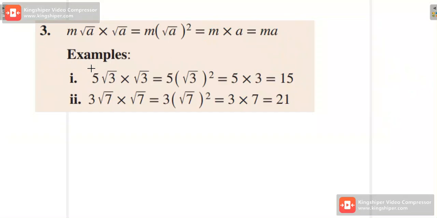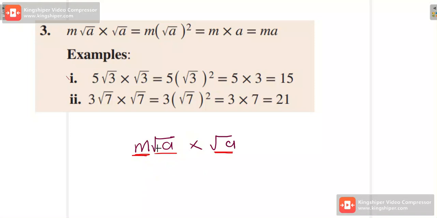The third rule, or the third property: if you have m root of a times root of a, now here you can see that the m is any integer, or a rational number. The root of a is an irrational number, and that same irrational number is here.